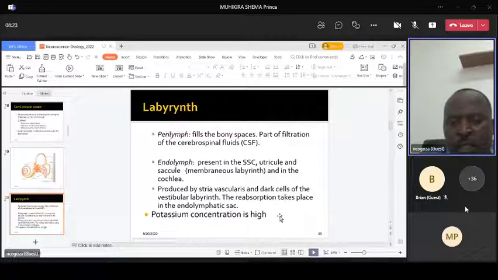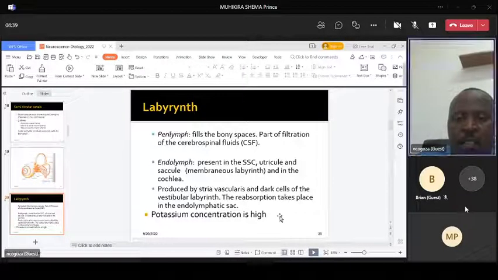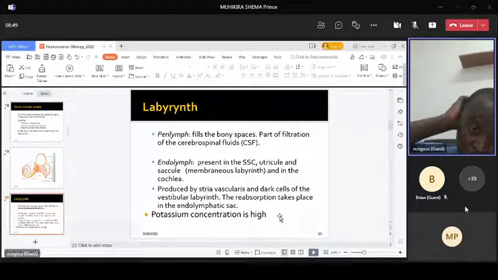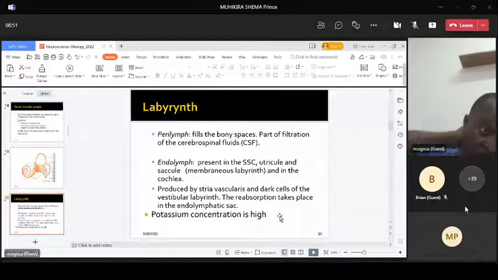vascularis and duct cells, and is reabsorbed in the endolymphatic sac. So the endolymph produced by the stria vascularis circulates in the inner chambers and is taken into the endolymphatic sac, while the perilymph is like CSF circulating in the bony part of the inner ear.